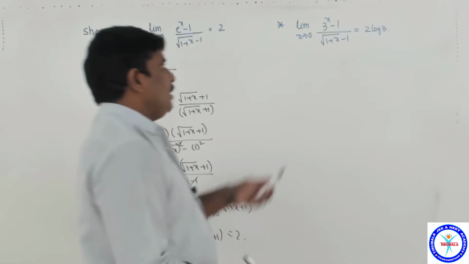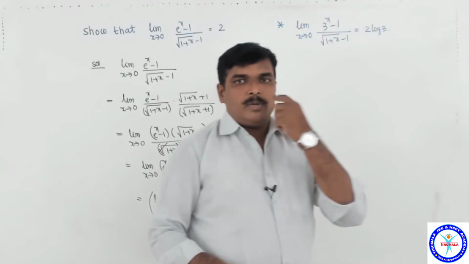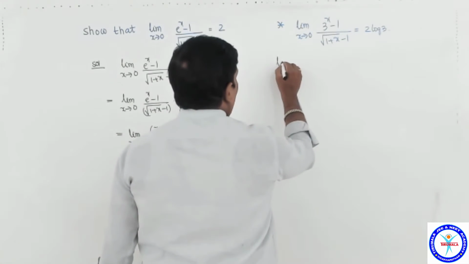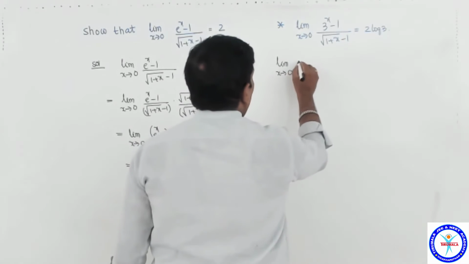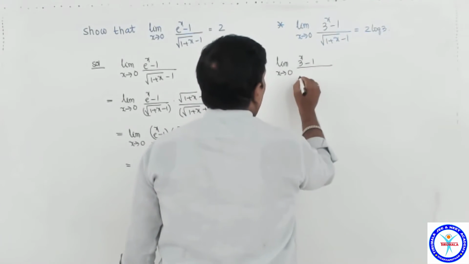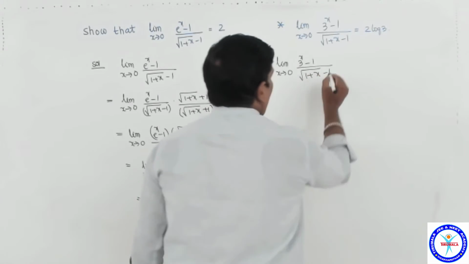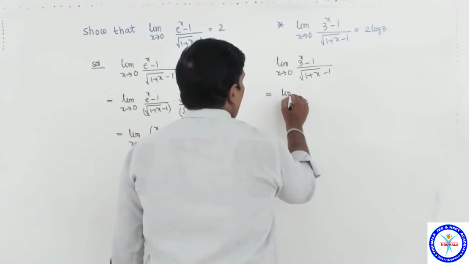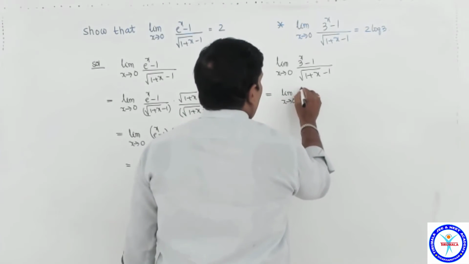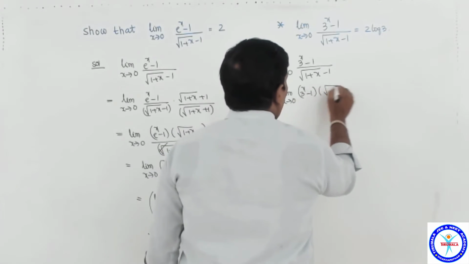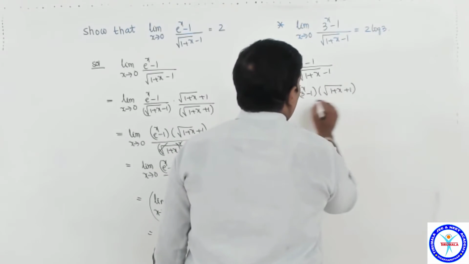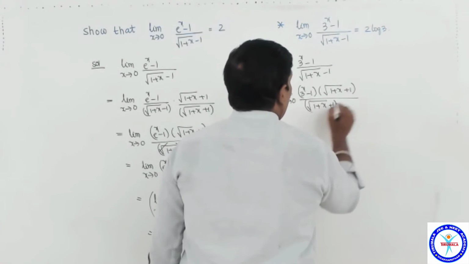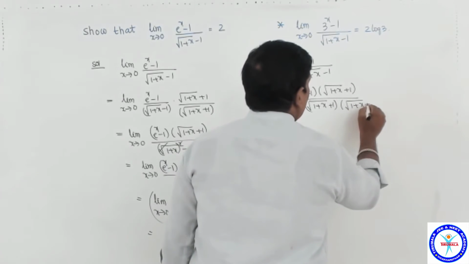Now we are going to this one. If you substitute directly, then we get 0 by 0. This is an indeterminate form. So limit x tends to 0, 3 power x minus 1 by root over 1 plus x minus 1. So now rationalize the denominator. This is equal to limit x tends to 0, 3 power x minus 1 into root over 1 plus x plus 1 divided by root over 1 plus x minus 1 into root over 1 plus x plus 1.